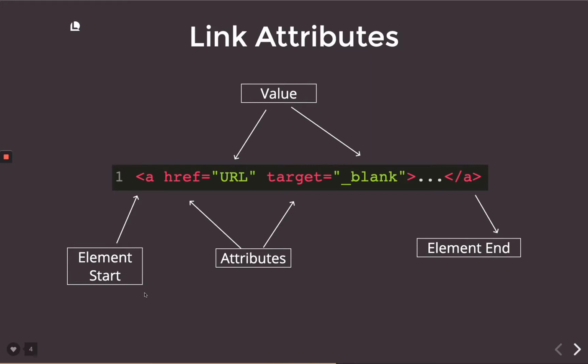There's the element start. Here's one attribute, one equal sign, one value, a space, and just a space, no comma, nothing else. And then another attribute name, which in this case is called target. You see how it's red. That's how you know they're attributes. And then the equal sign, because we know we have to set it equal to something. And then the value that is inside of quotations, which in this case is underscore blank.